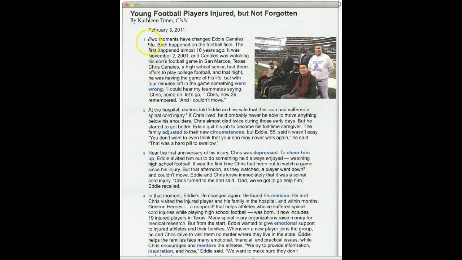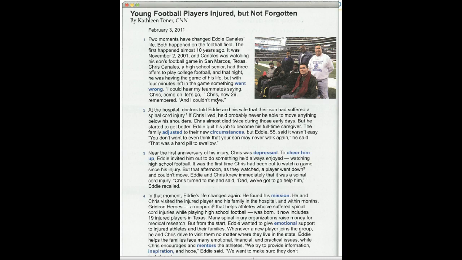"2 moments have changed Eddie Canales' life." "I could hear my teammates saying, 'Chris, come on, let's go.' Chris, now 26, remembered. And I couldn't move."